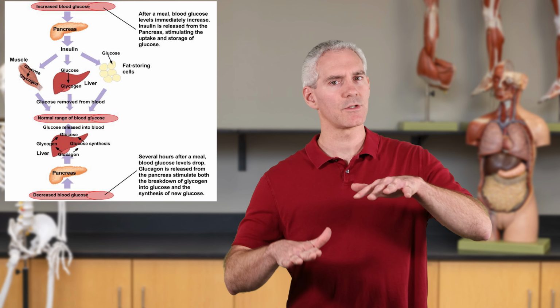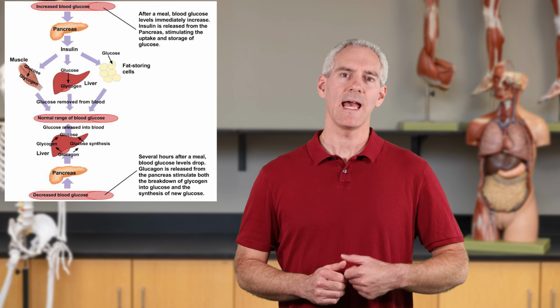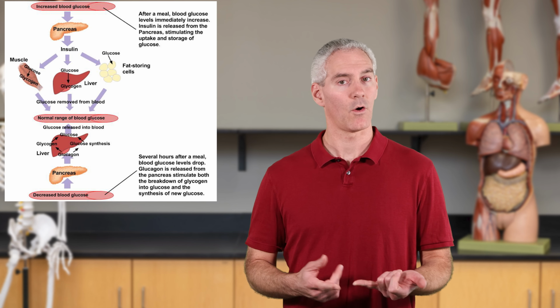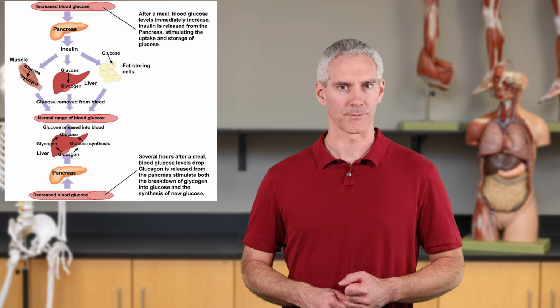Now, once your liver is sending glucose out, the blood levels of glucose are very carefully monitored. You don't want too much or too little. So your body's going to secrete either insulin, a hormone, or glucagon, a hormone.